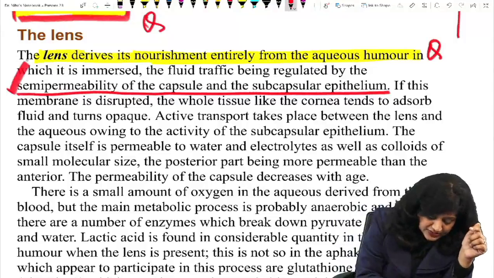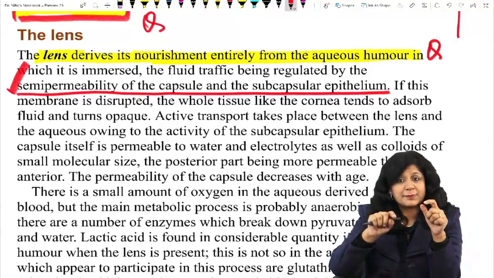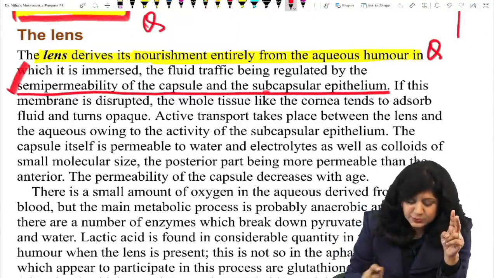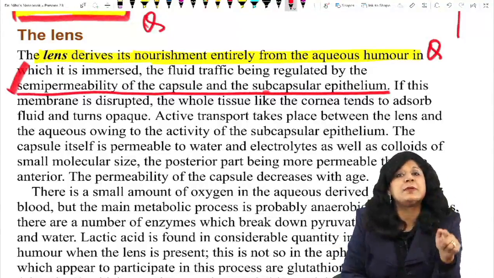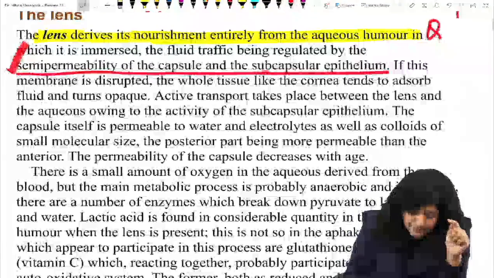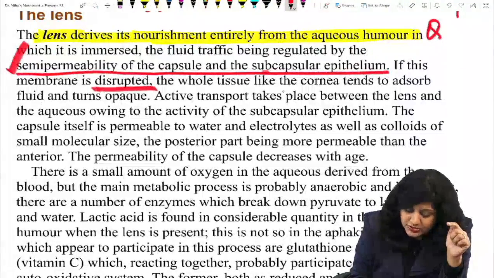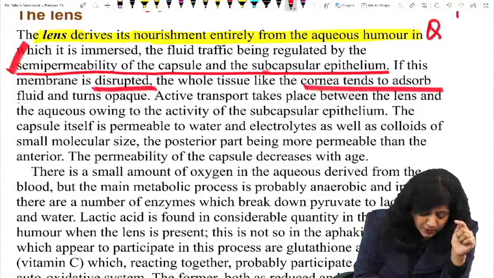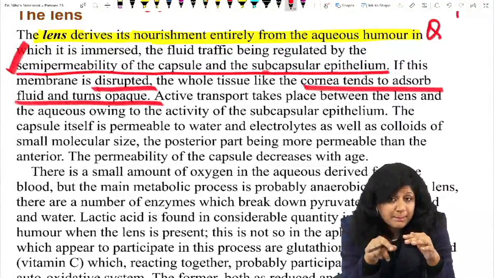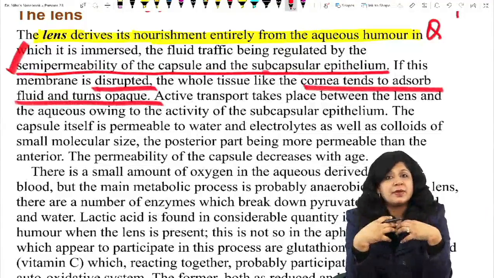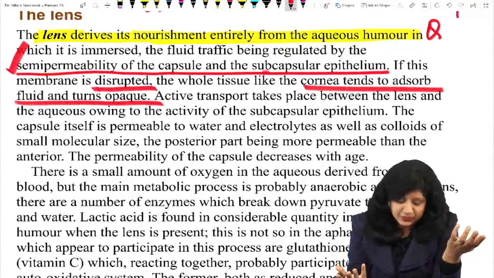So it is due to the semi-permeability of the capsule. Through the capsule it is going, and also the subcapsular epithelium that is present beneath that capsule. So if this membrane is disrupted, the whole tissue like the cornea tends to absorb the fluid and turns opaque. So if anything happens to this membrane, then the whole of the lens will absorb it and it will become opaque due to overhydration.